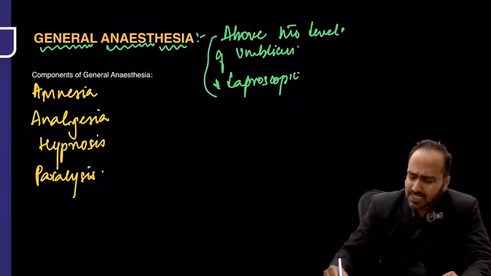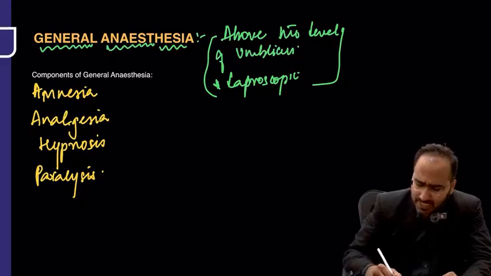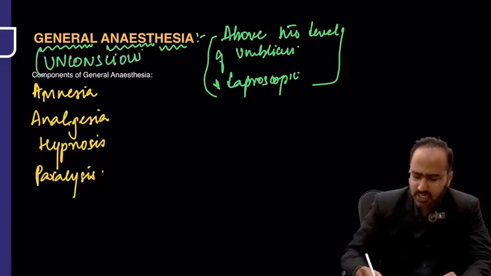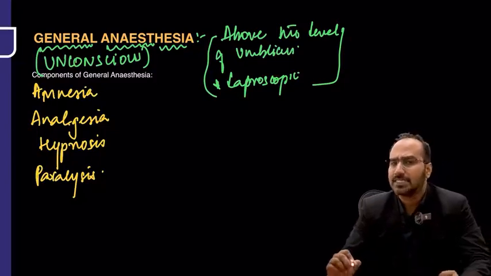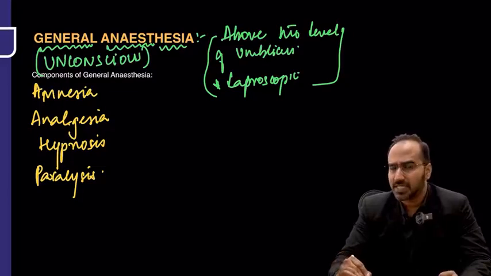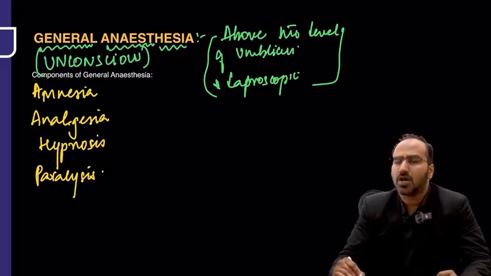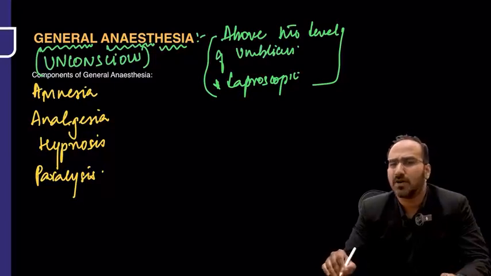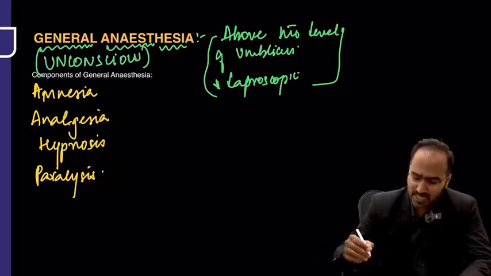So general anesthesia is the only anesthesia technique where the patient is made fully unconscious. In all other anesthesia techniques, the patient is conscious. There are some components of general anesthesia, the main aims. What should be our aim in general anesthesia?